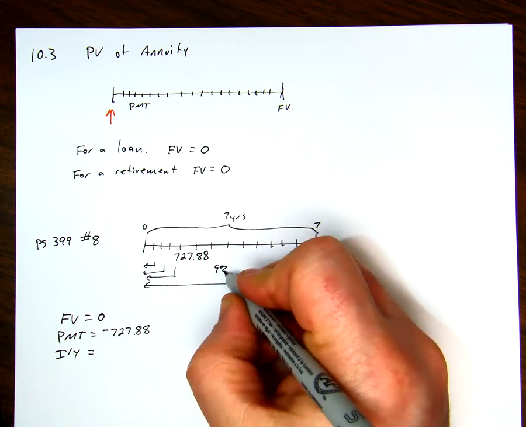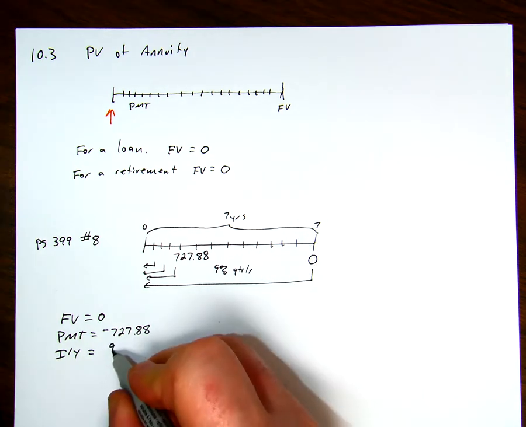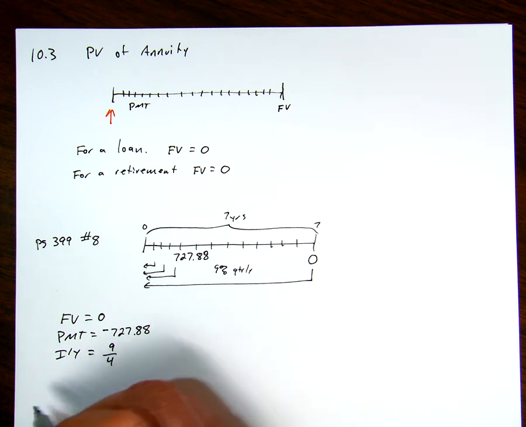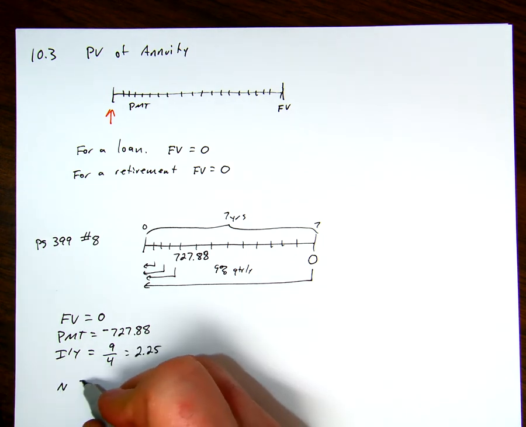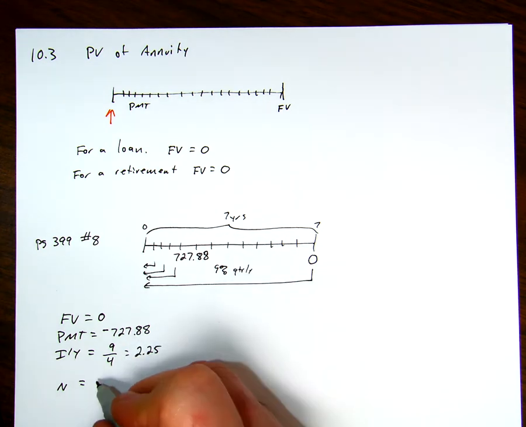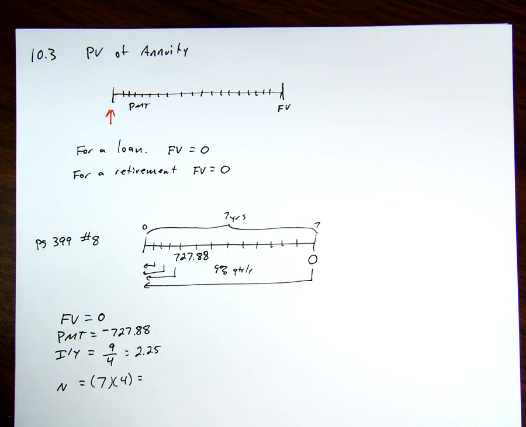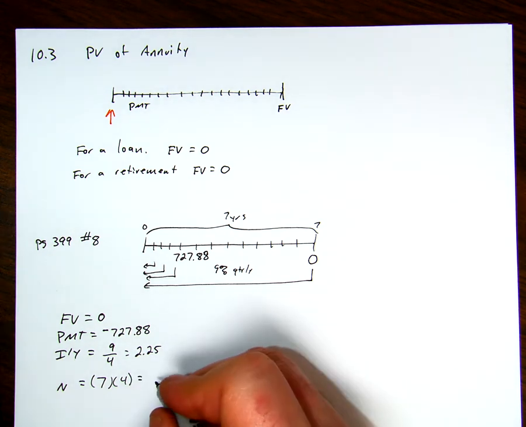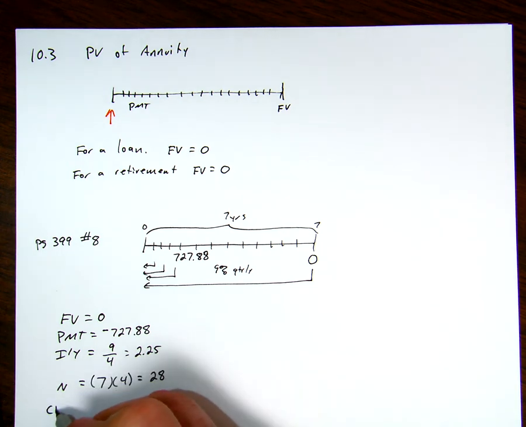Put that here, 9% quarterly. So this is 9 over 4, 2.25. And this is going to be our 7 years times 4 times a year, because that's when our payments are. So we're paying quarterly. So 28. And we're going to compute the present value.